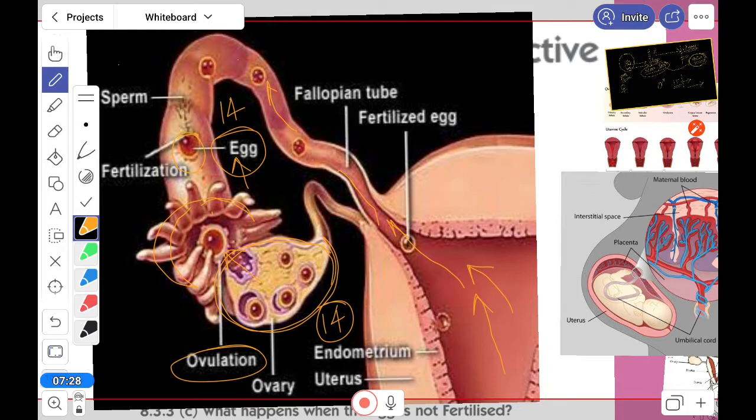It means that in these 14 days, all these being averages, if sperm enters and fertilizes, the egg will be fertilized. Now look here: a huge number of sperm can enter, but here it will be restricted. Maximum will die. Approximately 100 sperm can enter inside.